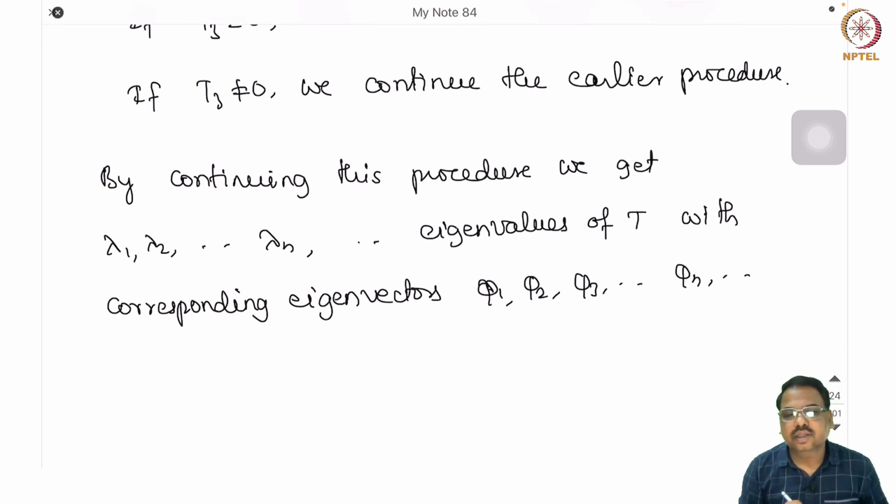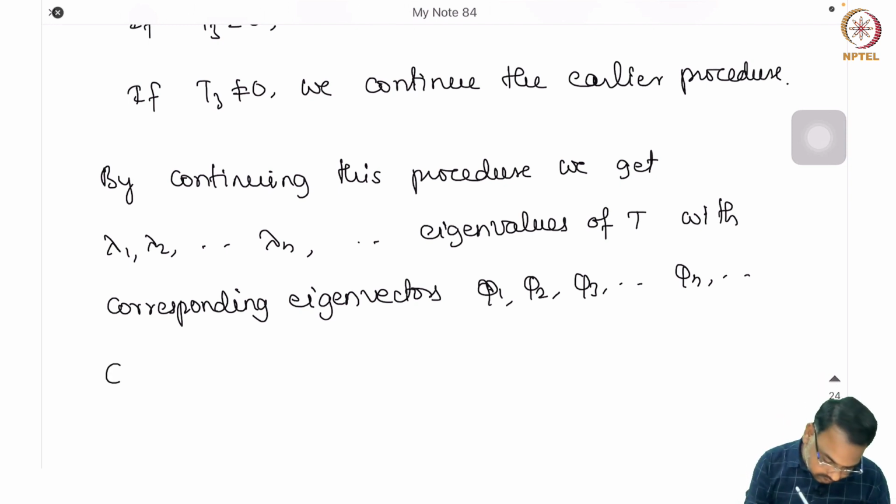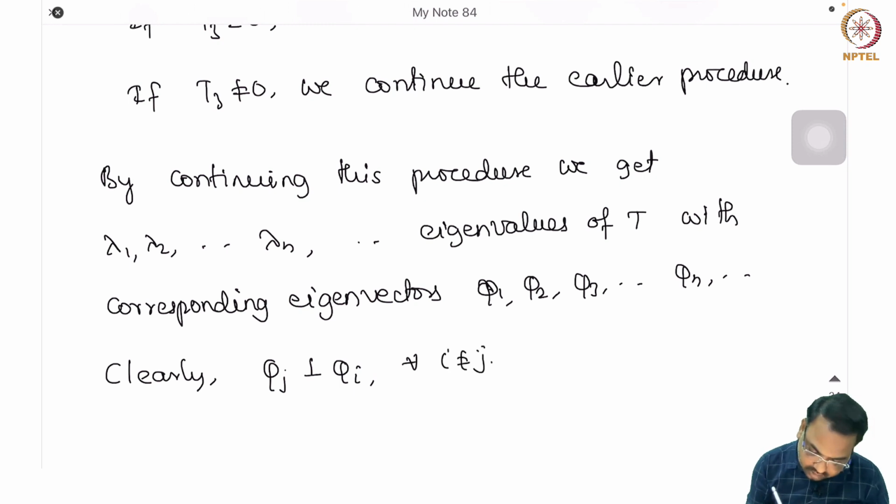And by the construction we can say that each phi j is mutually orthogonal with phi i. So clearly phi j is orthogonal to phi i for all i not equal to j.